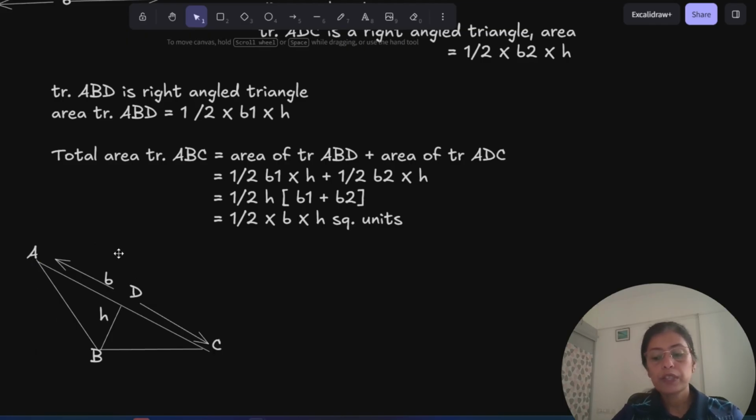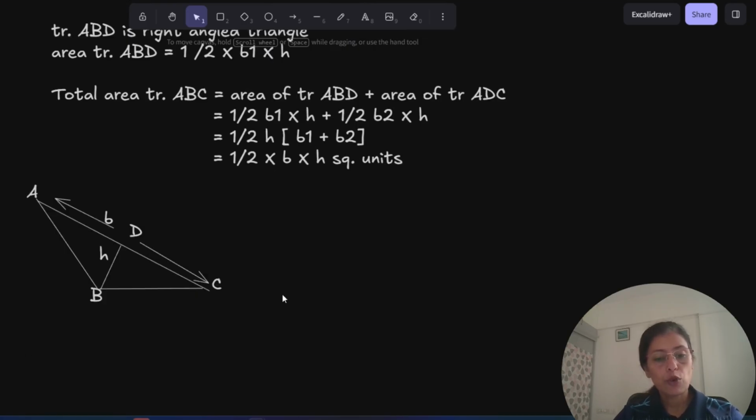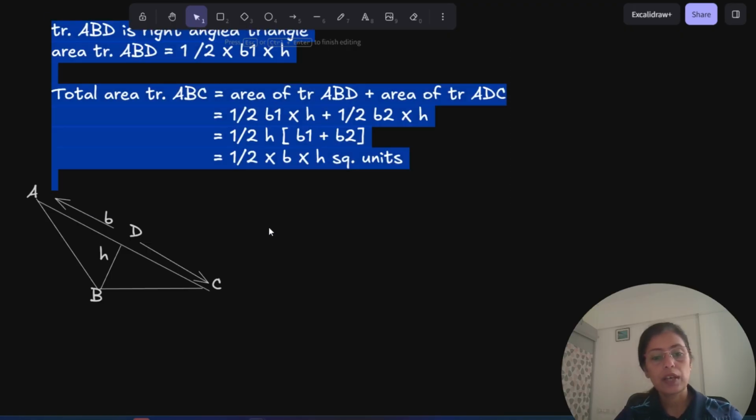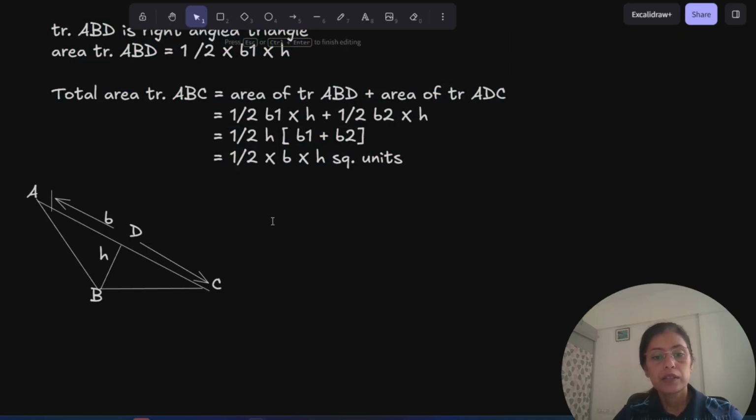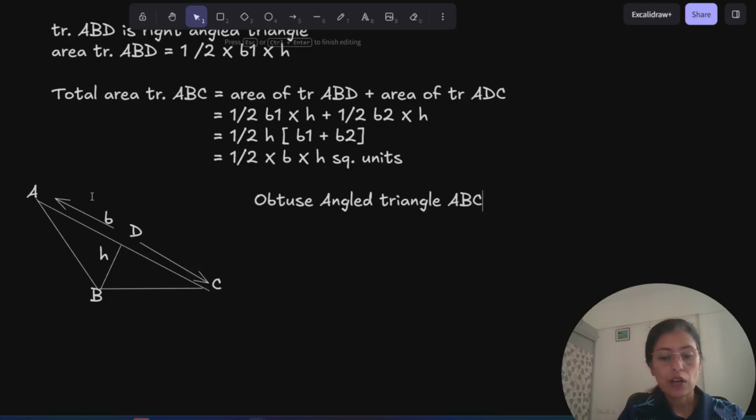And I'll remove this. I'll show you in another figure how if we draw from A to BC also, it can give you the same thing, right? So this is our obtuse angled triangle ABC.